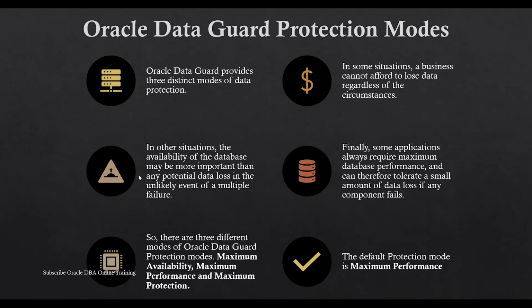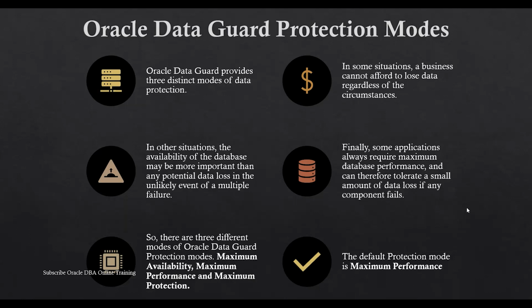So these are the three circumstances which make the different Data Guard protection modes. In some situations you cannot lose your data, in other cases availability is important, and in some cases performance is important. Based upon those three parameters, we have these three different protection modes, and the default mode is maximum performance mode.